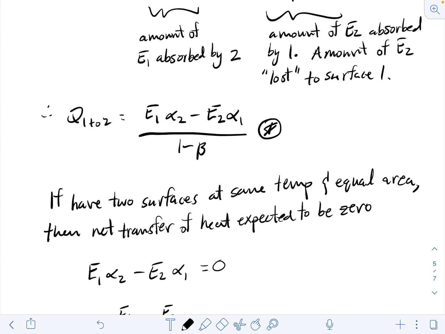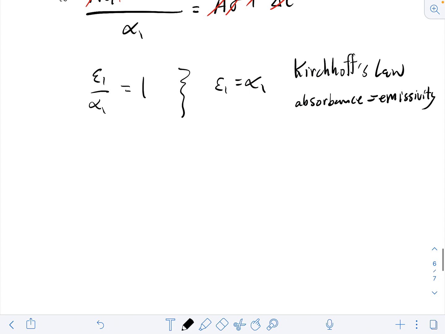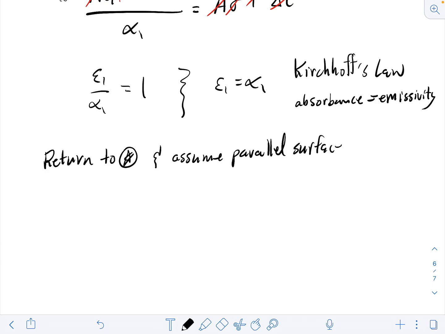Okay, so having established that, then what I want to go to is I want to return to equation star. Okay, so let's return to star and assume that we have parallel surfaces of equal area.